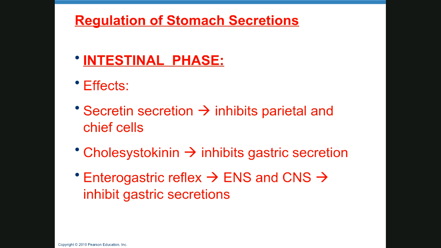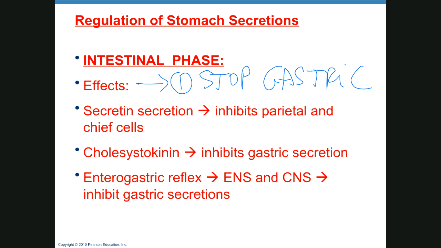All right. In the intestinal phase, the duodenum will begin to secrete hormones. The hormones have 2 purposes. One purpose is to stop the gastric phase, stop the stomach.